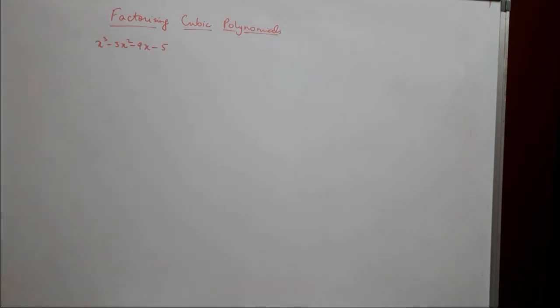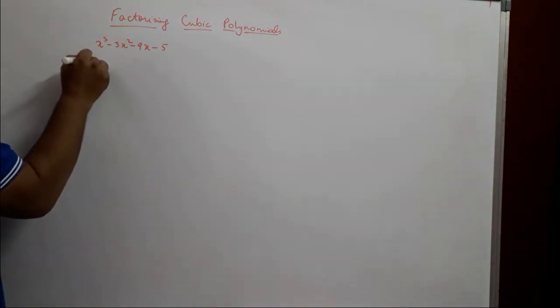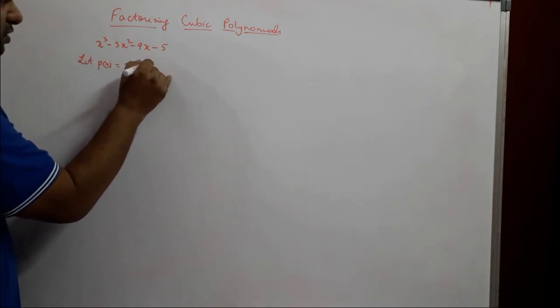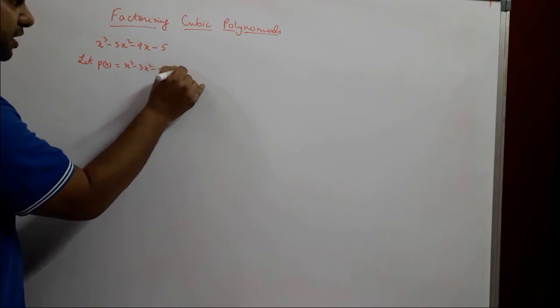So the first problem is x cube minus 3x square minus 9x minus 5. So we'll let p of x be equal to x cube minus 3x square minus 9x minus 5.